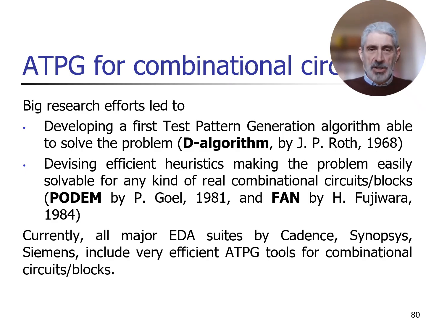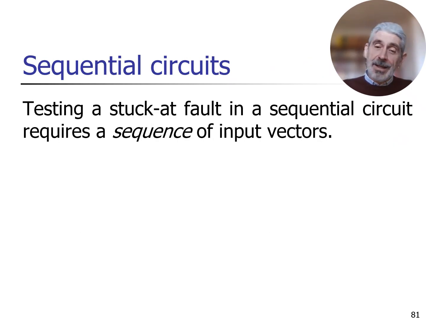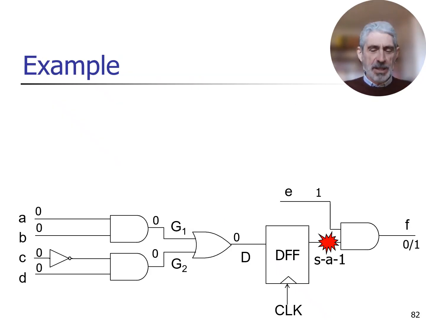Clearly, an important observation is that real circuits typically are not combinational circuits, they are sequential ones, and large sequential circuits. Now, for a sequential circuit, always focusing on stuck-at faults, what is able to detect a fault is not anymore a single test vector, but a sequence of input vectors. Let's see a simple example.